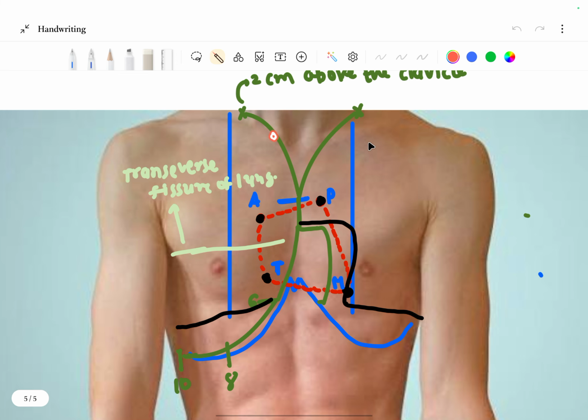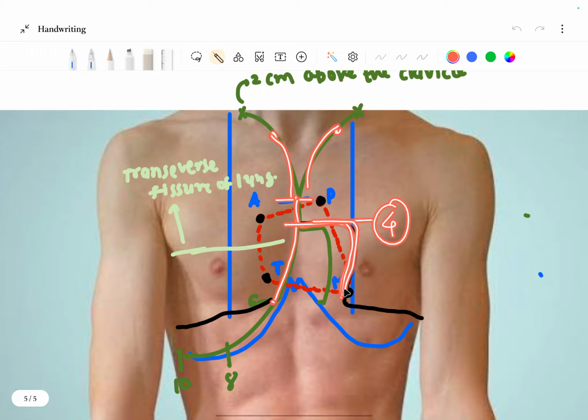From the sternoclavicular joint, both lungs come downward. At the sternal angle, the right lung descends downward clearly to the sixth costal cartilage, and the left forms the cardiac notch at the level of the fourth costal cartilage, goes laterally, and both come at the sixth costal cartilage.